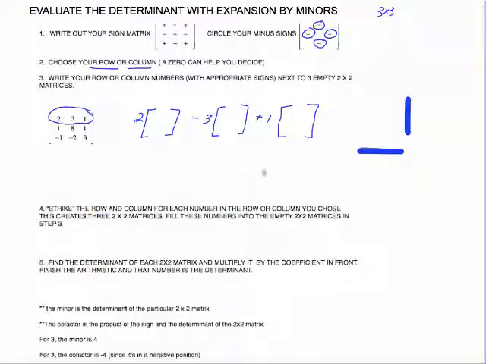Well, that sounds kind of complicated, but what I do is this. Since we are expanding by the top row, I'm just covering up the top row. I don't need it anymore. And I'm going to let this cover bounce from here to here to here. Go back to this one. Do you see a little 2 by 2 matrix sitting there? Sure. And it is 8, 1, negative 2, 3.